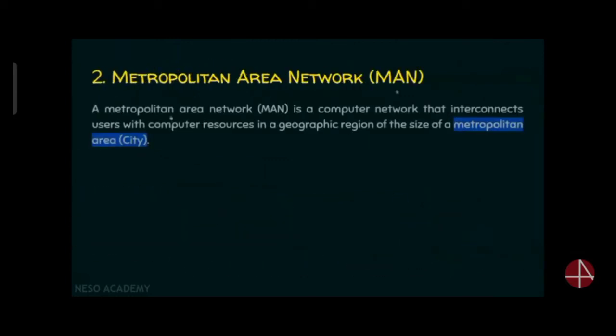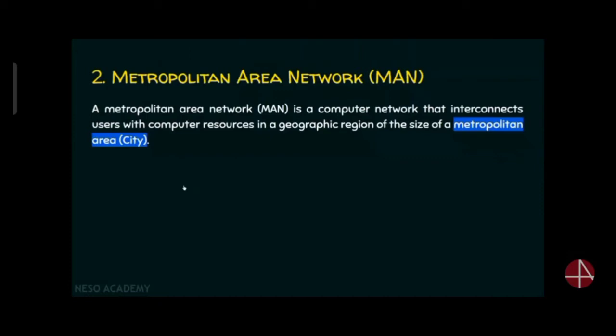Now we will see metropolitan area network is a computer network that interconnects users or computers in a geographic region. See, there are two branches in a city and these two branches are somehow connected with each other. So this kind of network is called as a metropolitan area network. In other words, there are two local area networks.